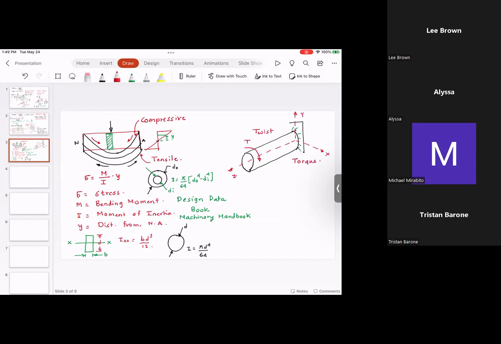If T is the torque, because of the twisting you get the shear stress. Tau is equal to T divided by J multiplied by R. Again, the equation for torque is force multiplied by distance, but since it is about an axis, this is considered as radius.